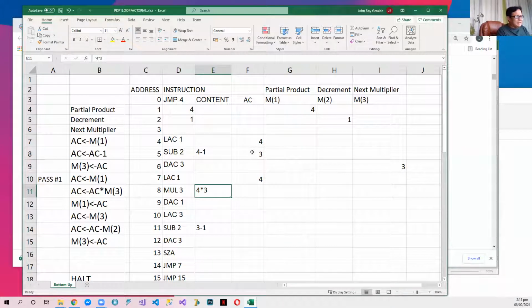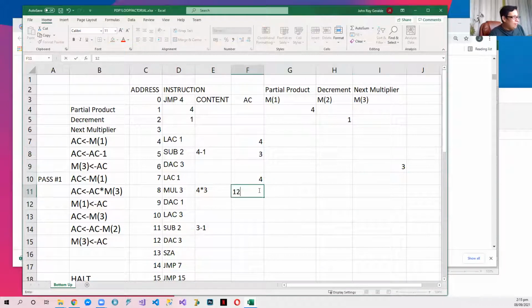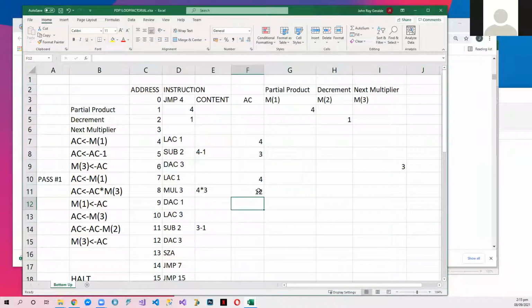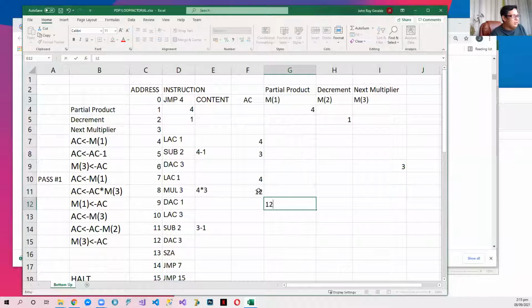The content of M3 is 3. The content of the accumulator is 4. 3 means M of 3. So this is now 3. So 4 times 3, this becomes 12. Do you follow? And then DAC 1, which means deposit accumulator. So the result is deposited here.